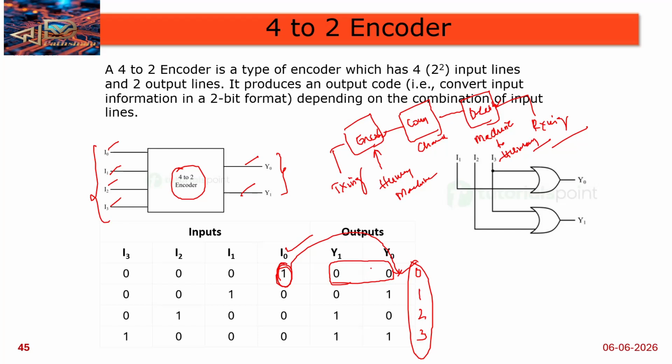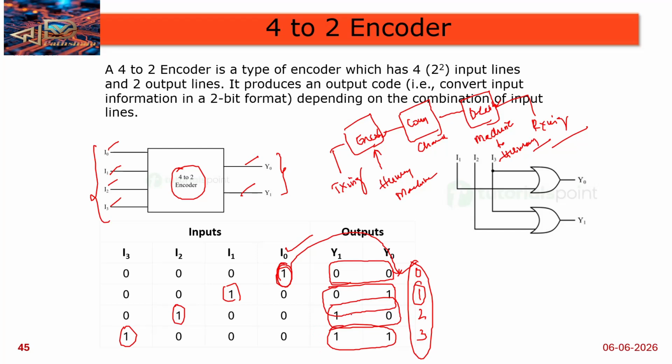Okay, and then I1 means decimal value 1, so how can we represent the binary? 01. I2 means 2, and then the binary value is 10. And I3 is 3, so 11 we are selecting that. Understood how I am saying that?